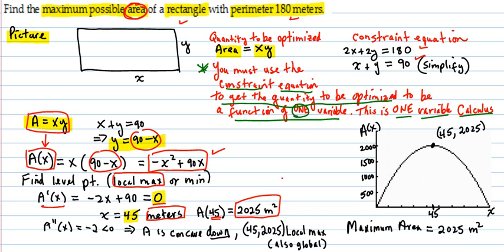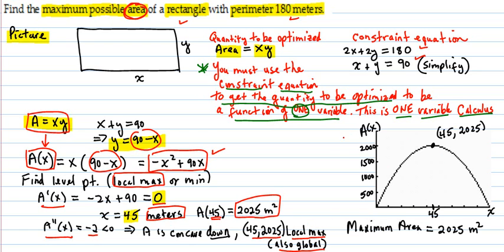But just to verify that it is actually a maximum, we take the second derivative. It comes out -2, which is always negative. That means A is concave down always, so that that point at 45, 2025 will actually be a local max. In this case, it's actually a global max.